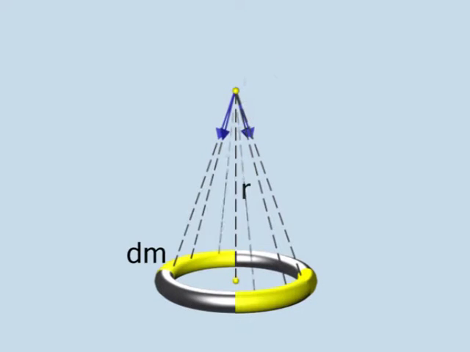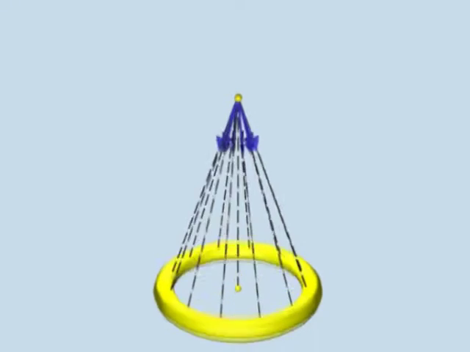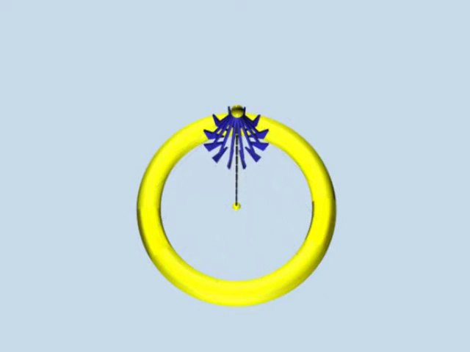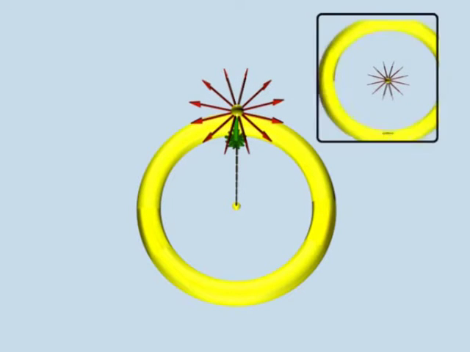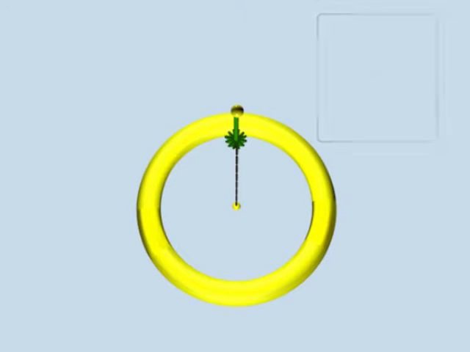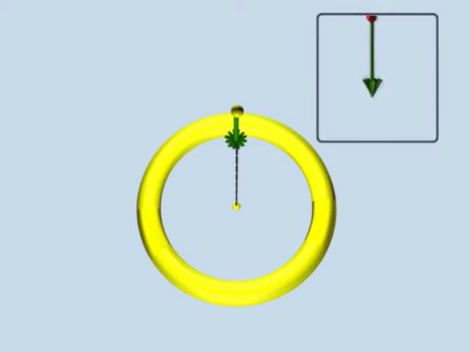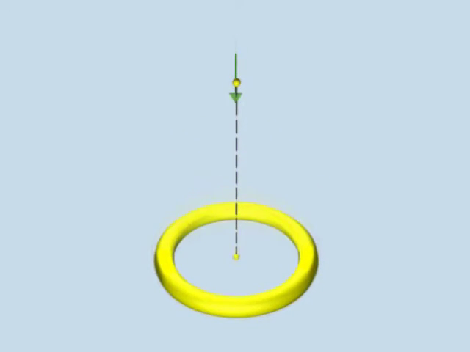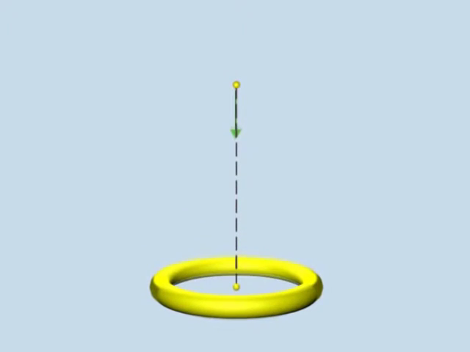When we add the components over all regions of the ring, the components along the y-axis will cancel out each other, but the components along the x-axis will be added up and the resultant force will be along the line joining the point to the center.